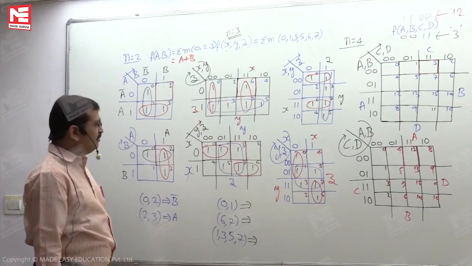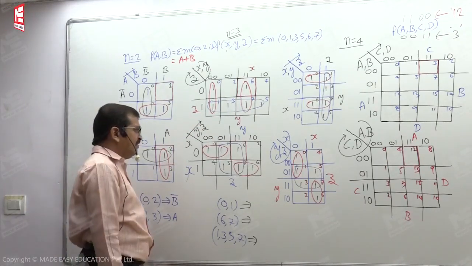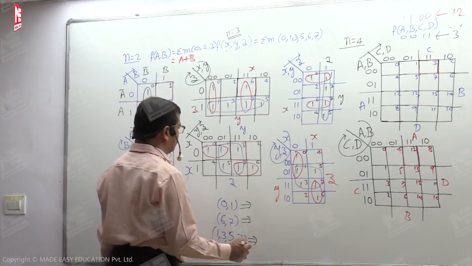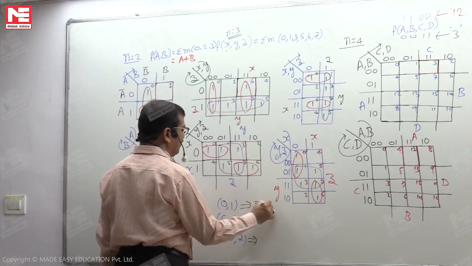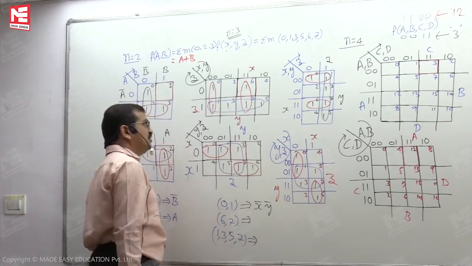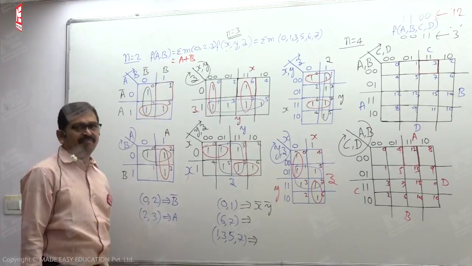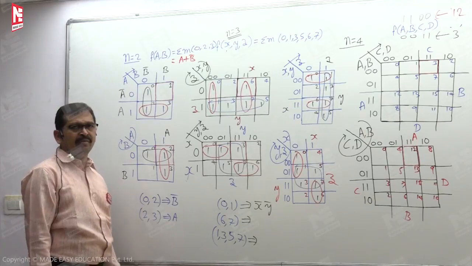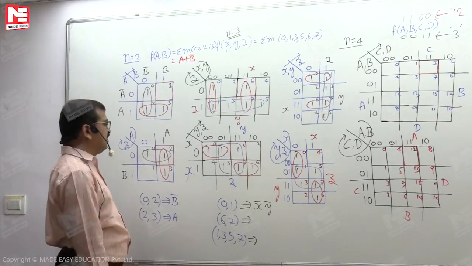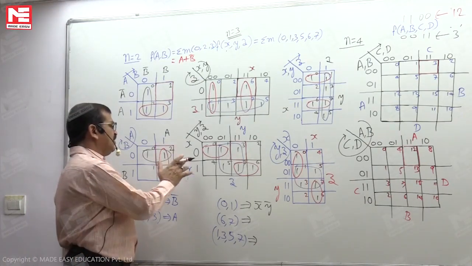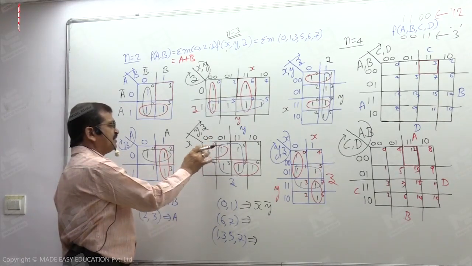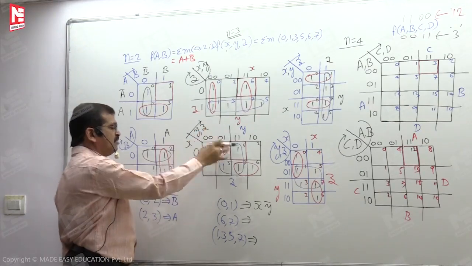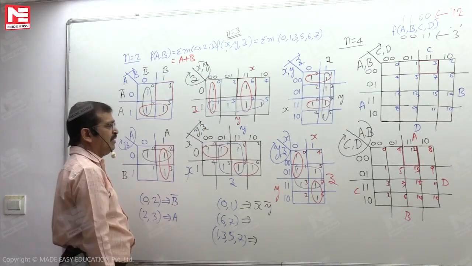For this 0, 1, the product is x complement, y complement. You can use, as I said, maybe binary notation or variable notation as per your convenience. Suppose if you look here, I have x complement here, y complement here. So I am looking at x complement, y complement.